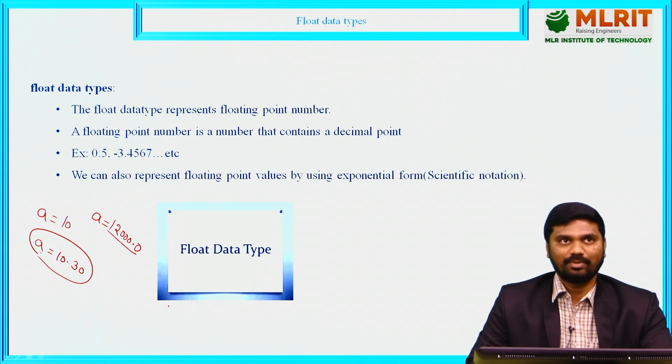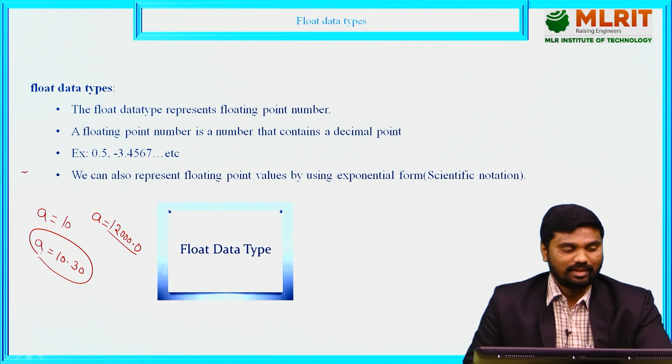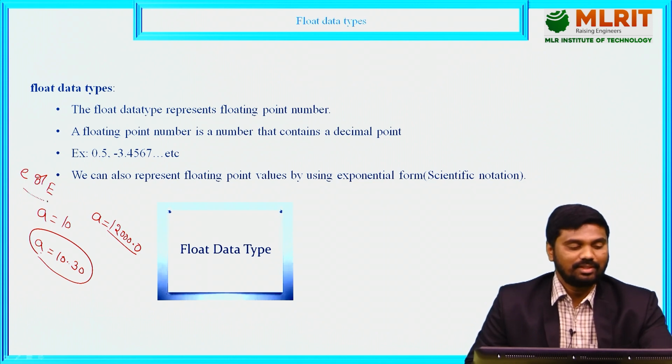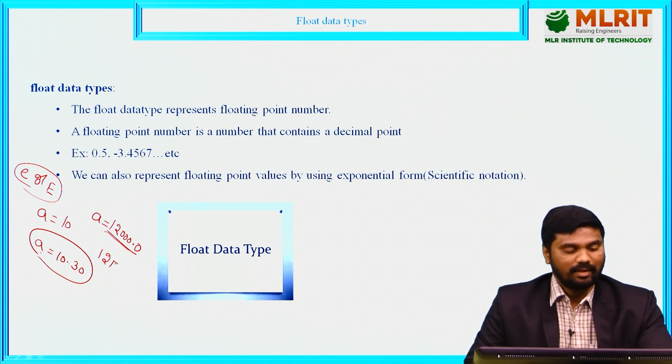How can we represent it? There is a notation, E: small e or capital E. By using these notations we can represent the float values. Now, 12 E, how many zeros do we have? For example, 3. So 12 E 3.